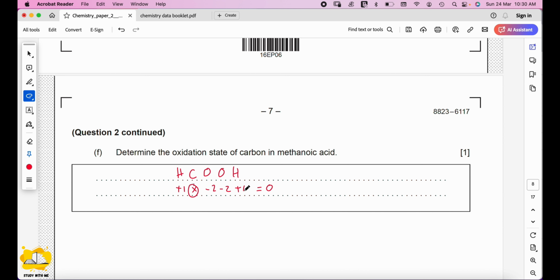So to be equal to 0, C will have +2. All right, so when you write the oxidation state, you should write +2. If it's 2 or 2+, you will get it wrong. So be careful when you write oxidation state. It should be +2, not 2+ or 2 only.